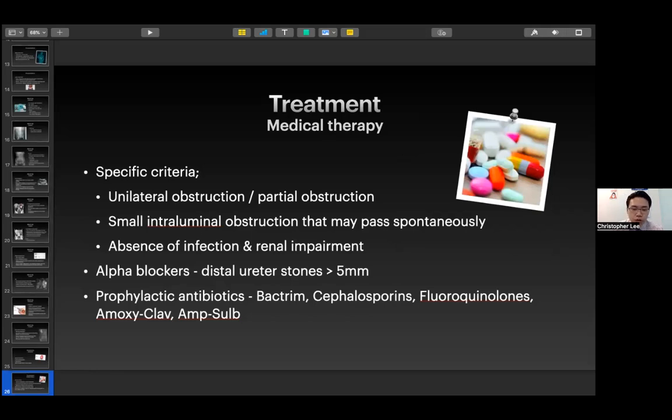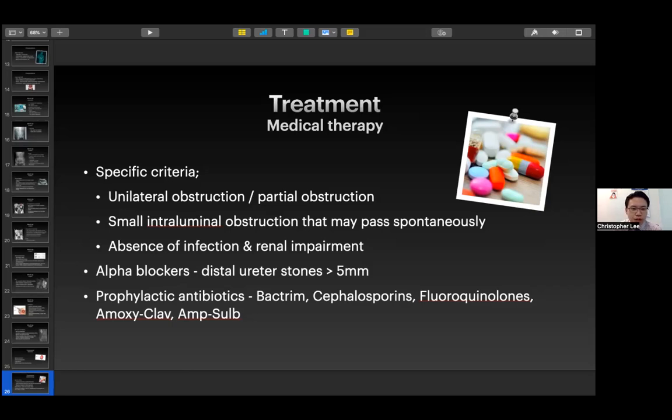Now, all treatments start with medical therapy before surgical therapy, but a lot of conditions may not be amenable to medical therapy. There are specific criteria where you can try medical therapy first, and they are if there's only a unilateral or partial obstruction, if there's a small intraluminal obstruction that has a chance to pass spontaneously, and in the absence of infection and renal impairment.